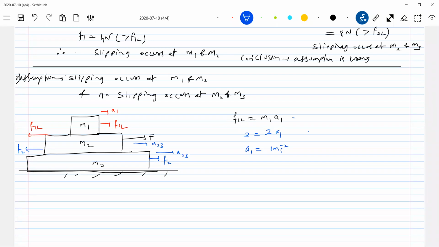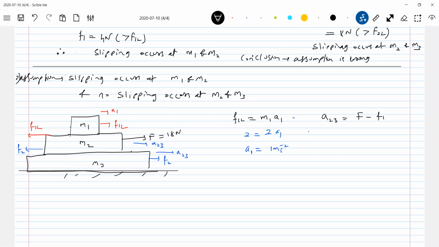Now I assume like this. Either I'm right or wrong, I'm going to cross check it. So what was the applied force? 18 Newton. Then what is A23? F2 will become internal.